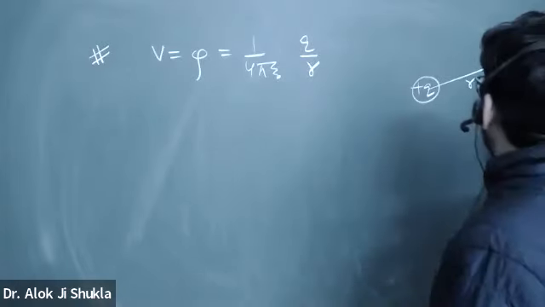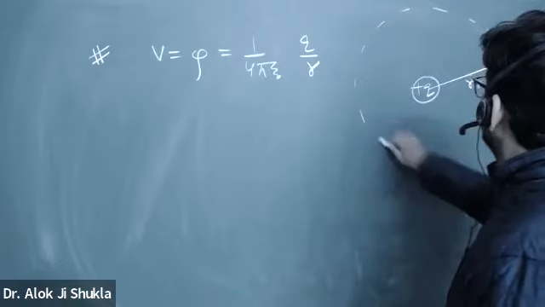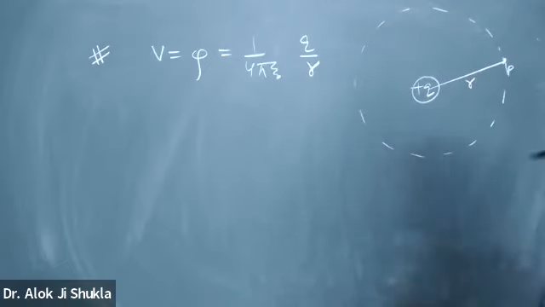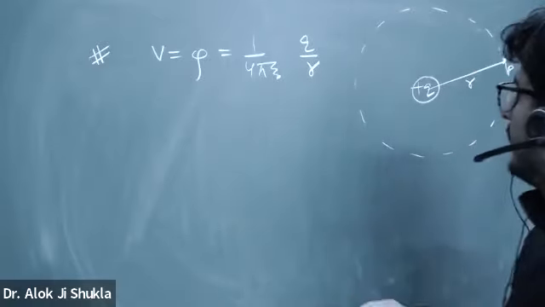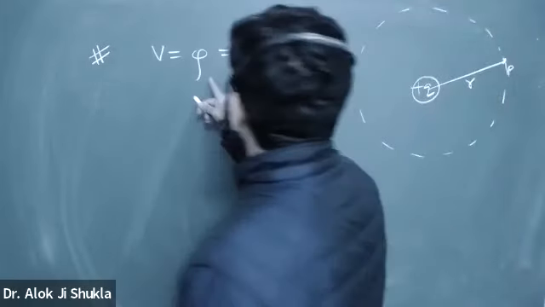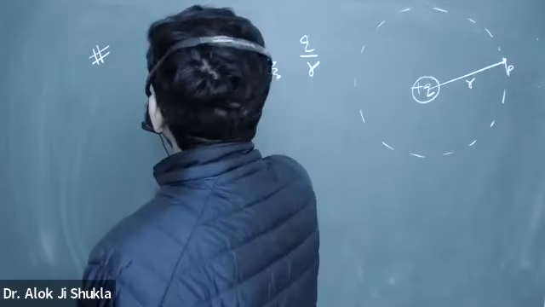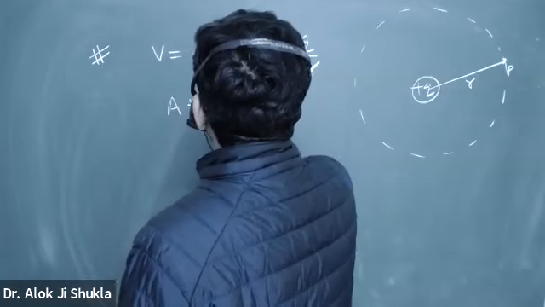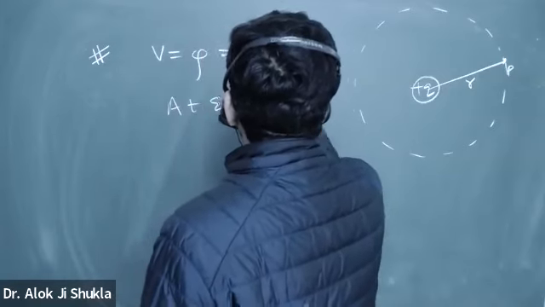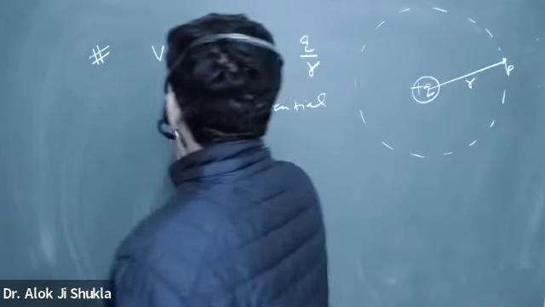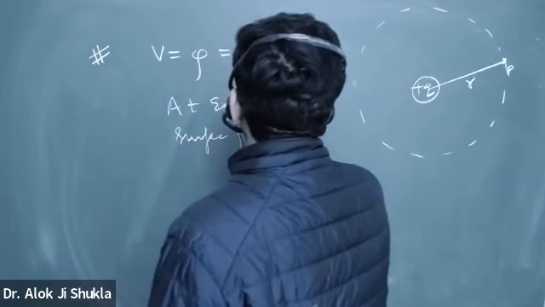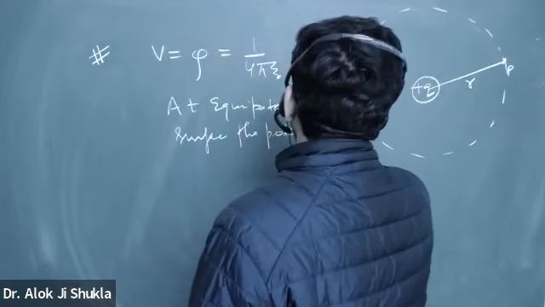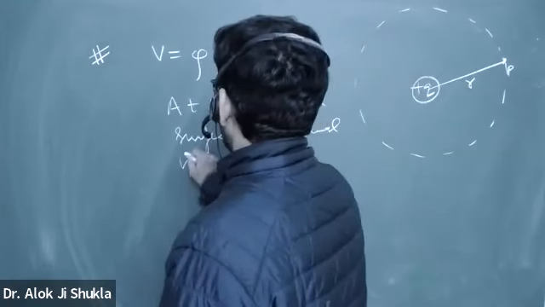So this will form a sphere. How will this form a sphere? मैंने बना तो दिया, but let us calculate how it will form a sphere. So at equipotential surface, the potential is constant.